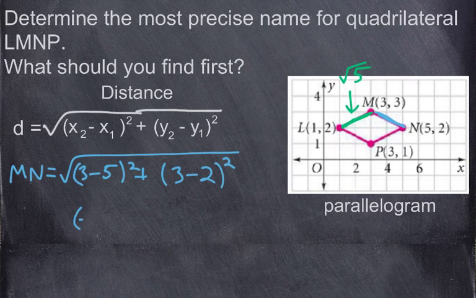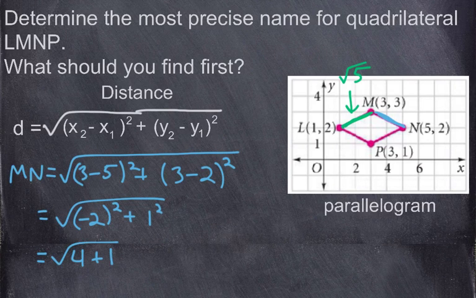So that gives us negative 2 squared plus 1 squared. Now the thing I want you to watch out for, because a lot of people make this mistake, is that when they square the negative, they leave it as a negative. Remember, that's a positive. So that's 4 plus 1, which is root 5. So here we have the square root of 5. But that's 2 already.